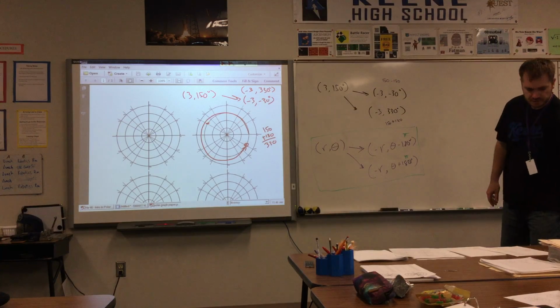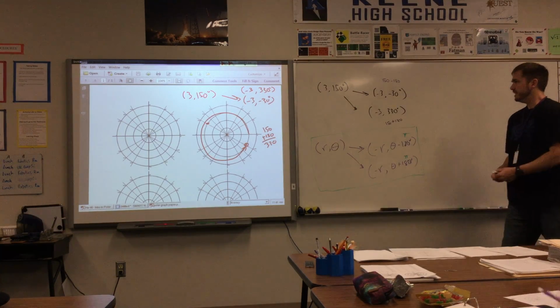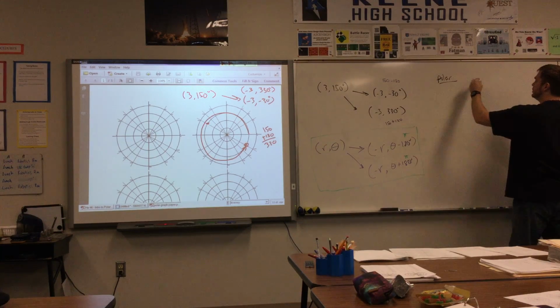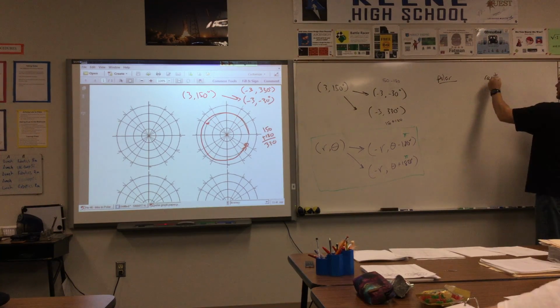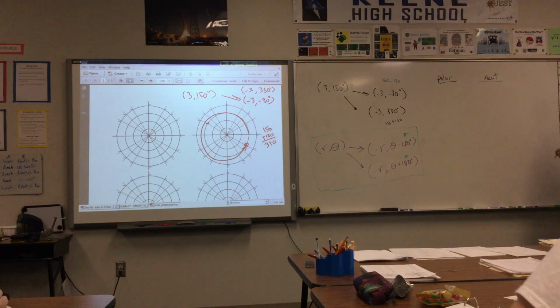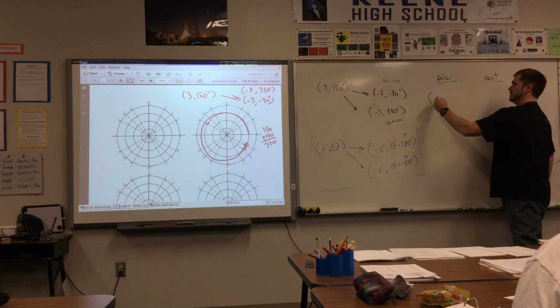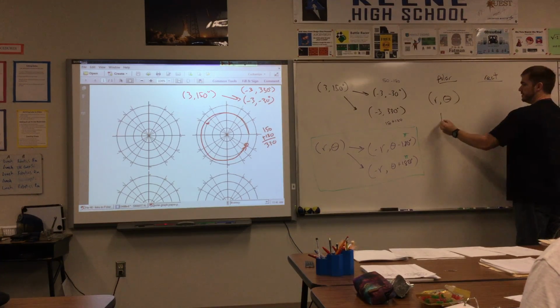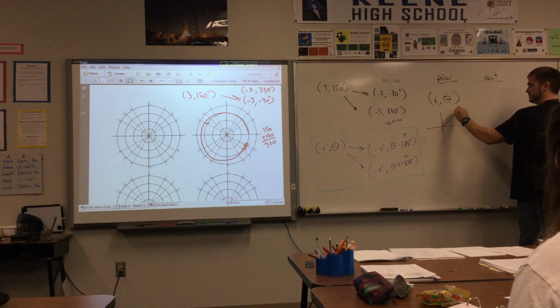The other thing that we're going to do is convert between polar coordinates and rectangular coordinates. So let's say I had an r and a theta, a magnitude and a direction.